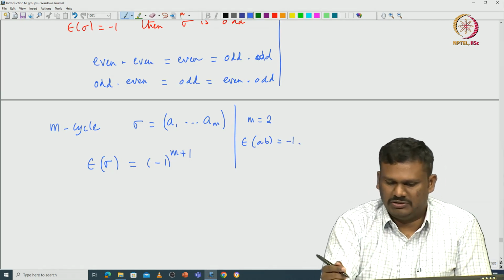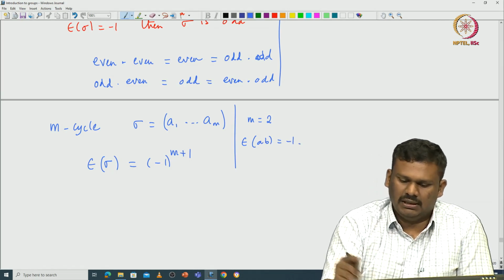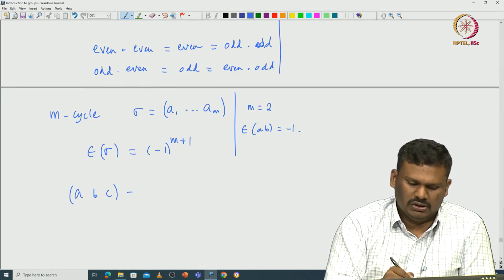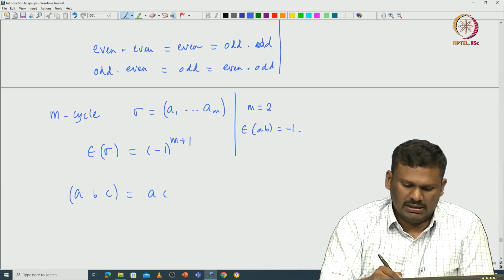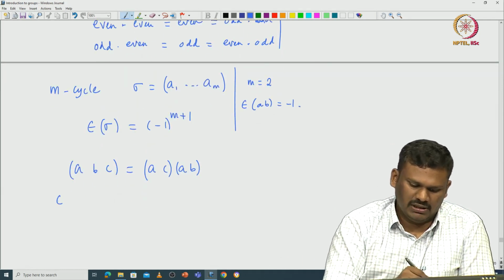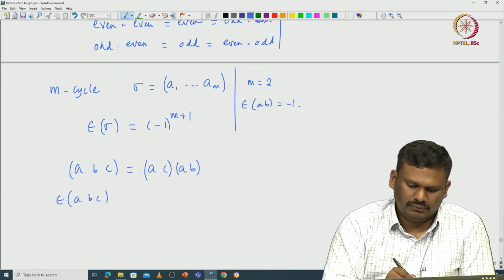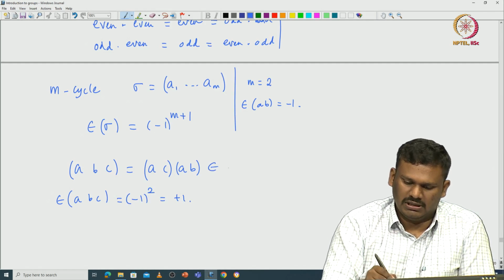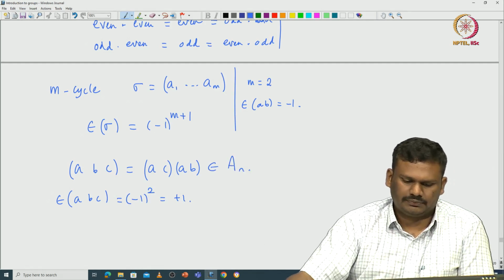That is what we have observed. When you take a 3 cycle, a b c, we wrote it as a c times a b. Then the sine of this is minus 1 square, which is plus 1. So that means this all lies in An.